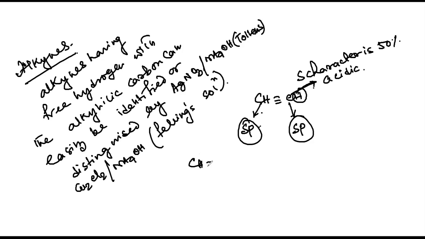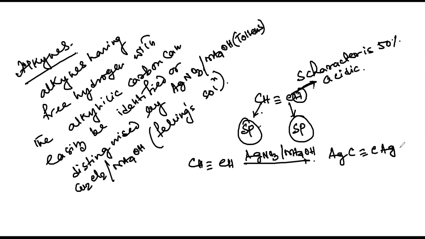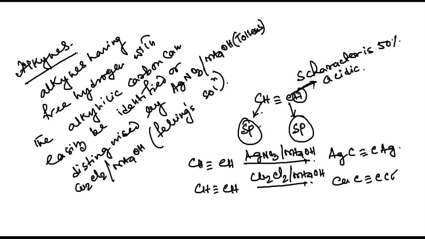As an example, CH triple bond CH, if you give here AgNO3 in presence of NH4OH, this will give AgC triple bond CAg, and CH triple bond CH, here you can give Cu2Cl2 in presence of NH4OH. This will give CuC triple bond CCu.